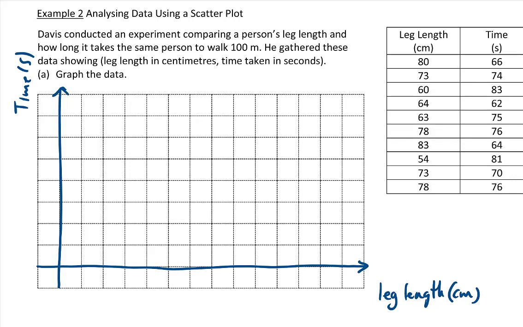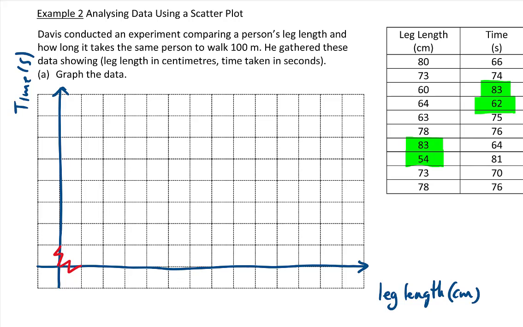Next we're going to put breaks in this graph, both along the x and along the y, because we see that our smallest number here is about 62, and our smallest number here is about 50. Our largest number for the time is about 83, and our largest leg length is also 83.